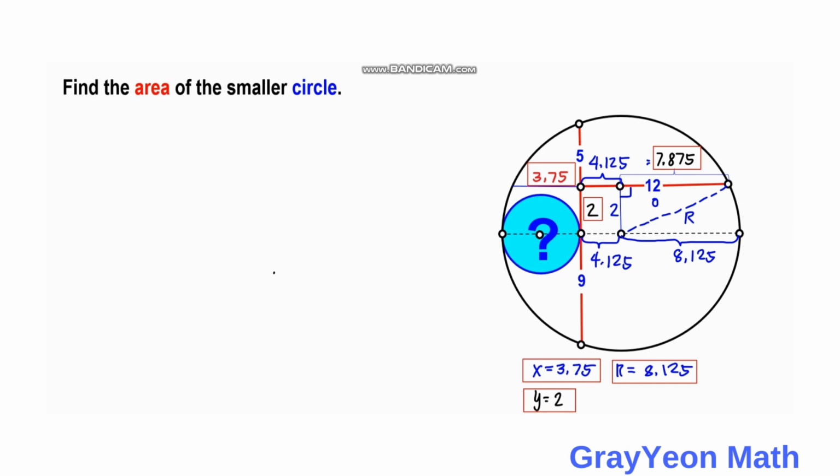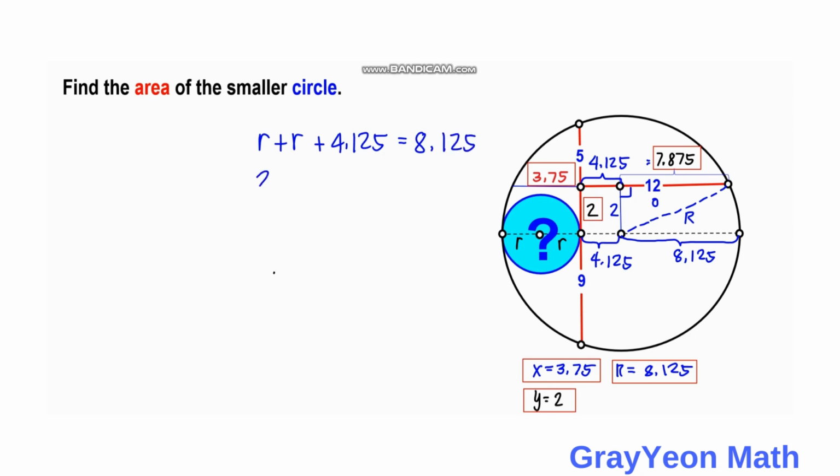Okay, so next we label the radius of the blue circle as small letter r. We take note of the radius that is 8.125. It is equal to the sum of this part. So r plus 4.125 is equal to 8.125.